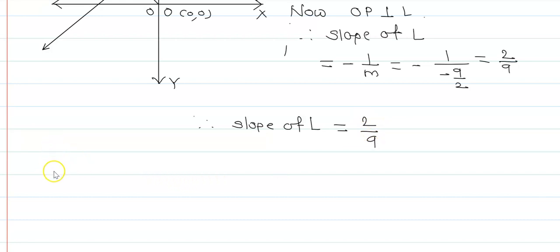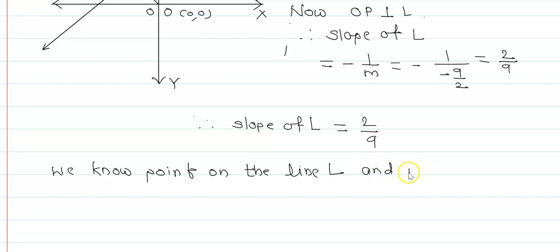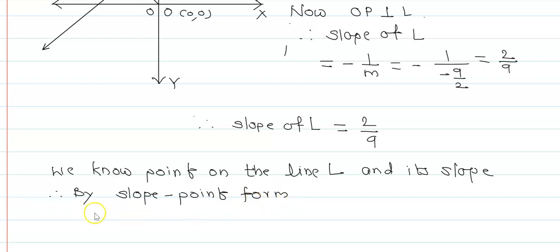We know a point on the line capital L and its slope, and therefore by slope point form, okay, what is the point P?